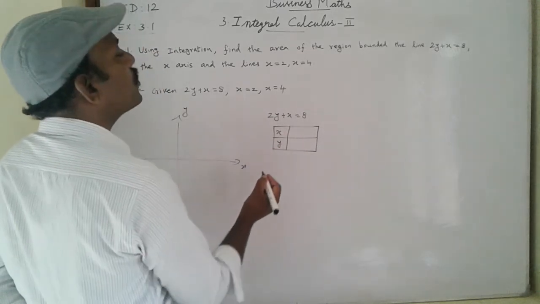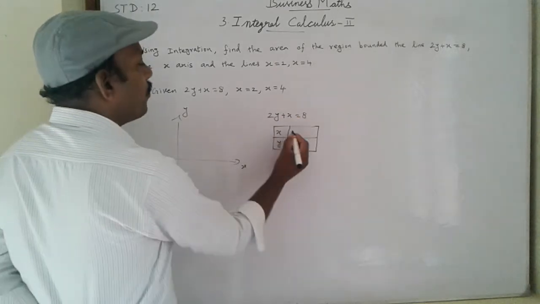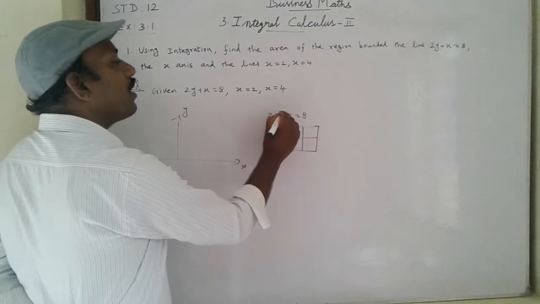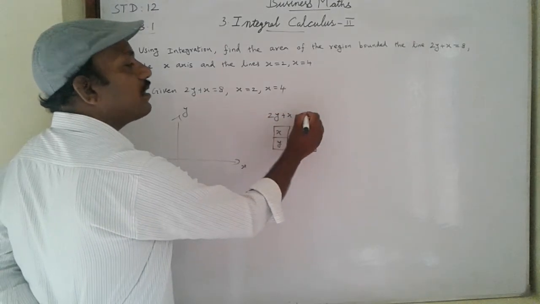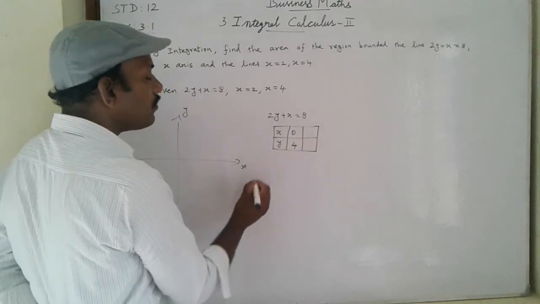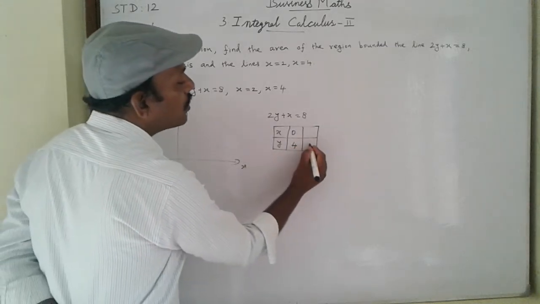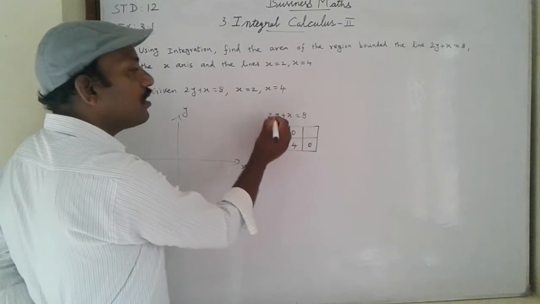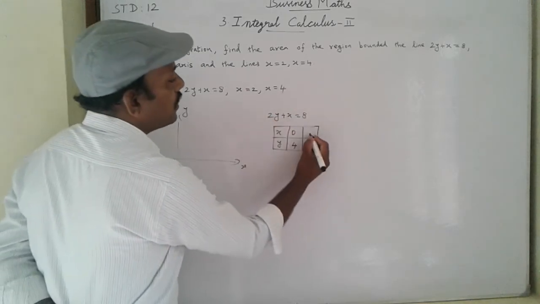First we should substitute x is 0. X is 0, then y is what? 2y equal to 8. Y equal to 8 divided by 2 is 4. Next y value is 0, we should substitute. Y is 0, 0 into 2 is 0. Therefore x equal to 8.